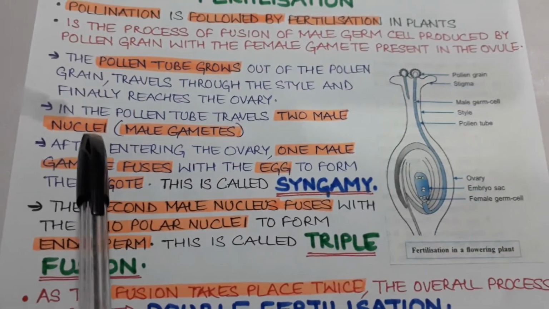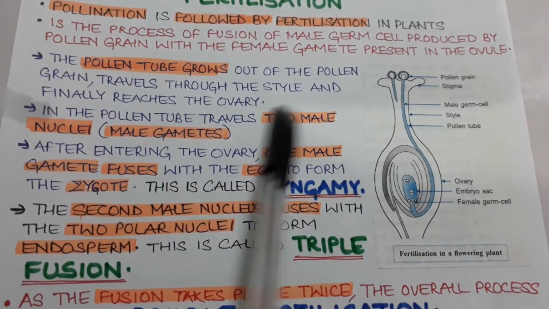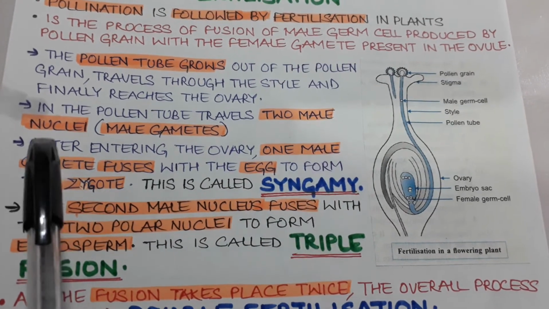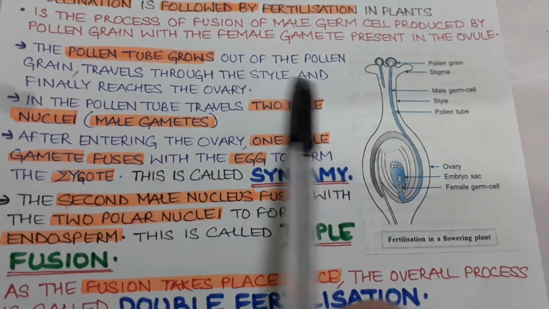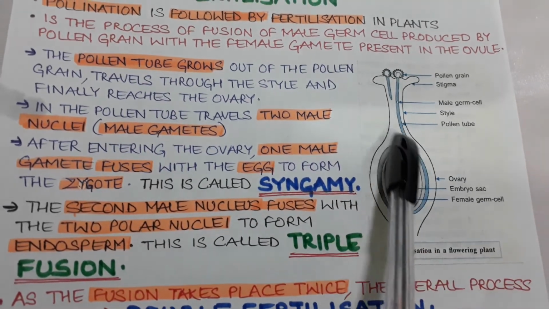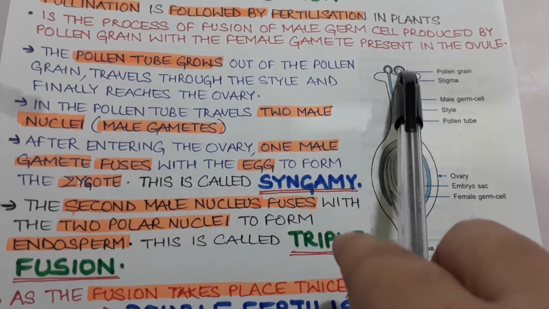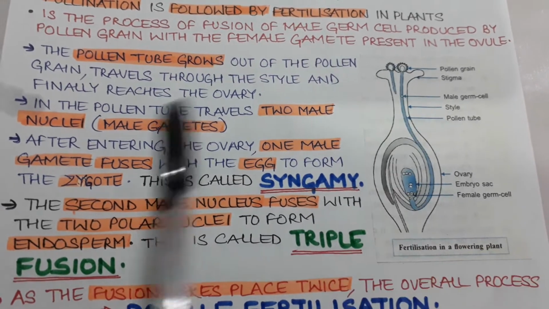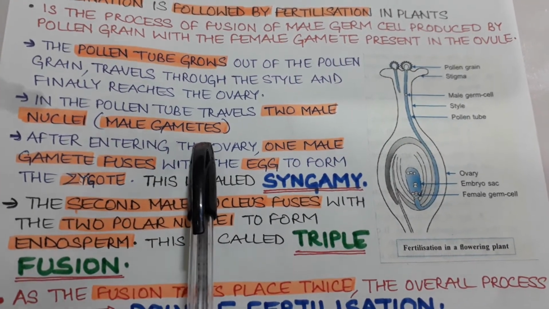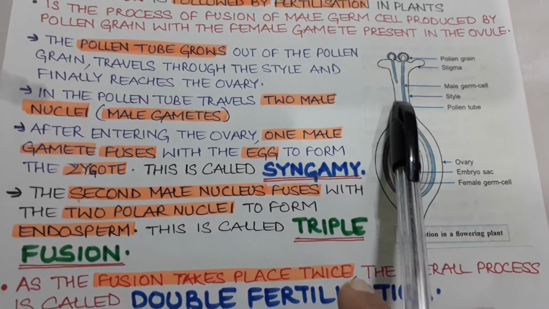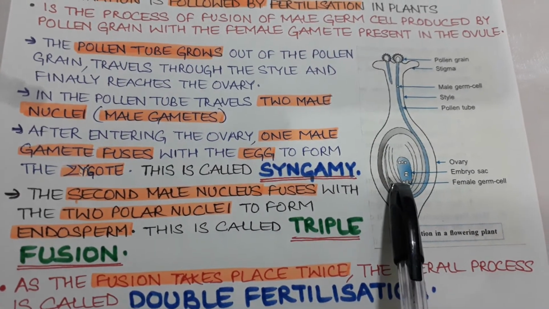After this, in the pollen tube, there travel two male nuclei. These male nuclei are also called male gametes. In one pollen tube that arises from a pollen grain travel two male nuclei, also called the male gametes. Now these male nuclei enter the ovary.